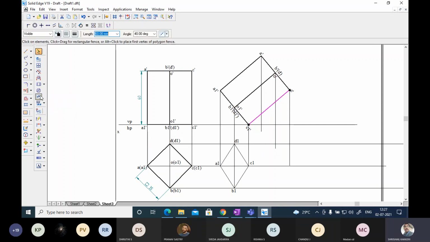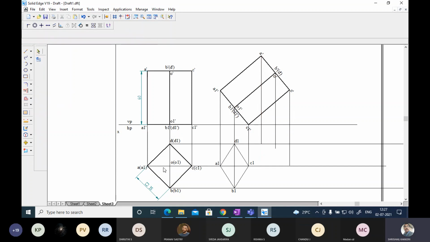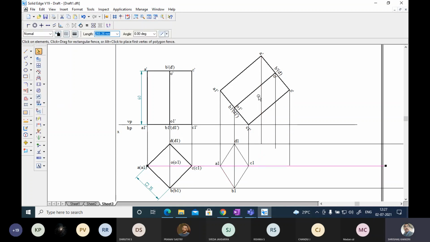Let me extend them. Okay, see, from A, it has to come up to here. It has come up to here. This point A. Let me write it as point A. I have written it here.